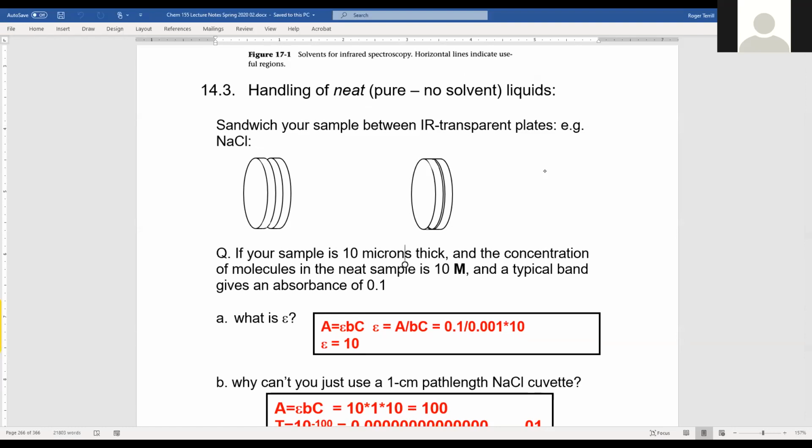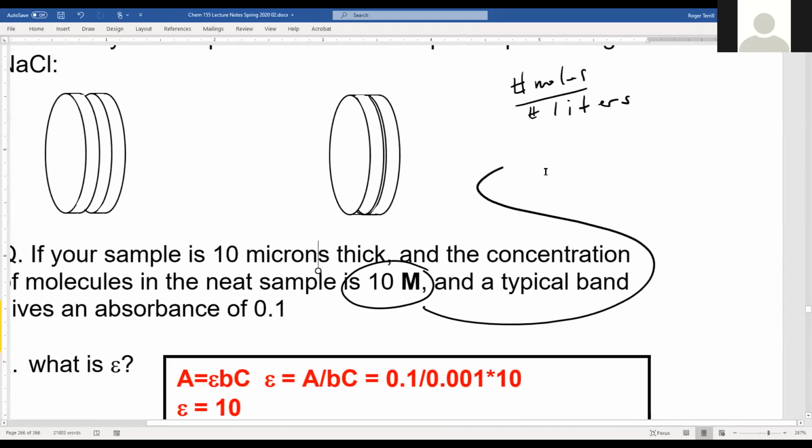There we go. So for example, when we're referring to the molarity of a neat solution, right? We can say, well, this is a number of moles divided by number of liters, right? And so the number of moles is given by the grams over the formula weight, right?